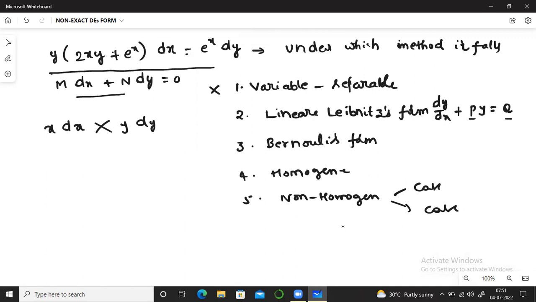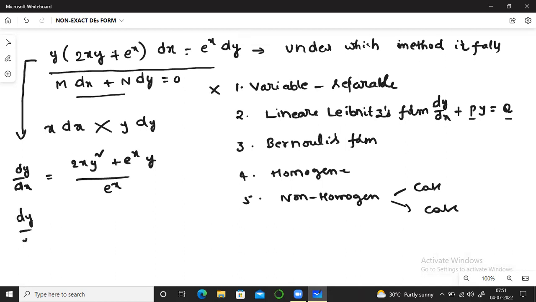So the dx term, you take to that side. dy over dx, from this question I am writing, dy over dx is equal to e to the power x, you bring this side. It means 2x y square plus e to the power x into y, over e to the power x.